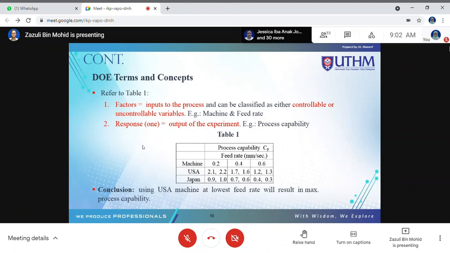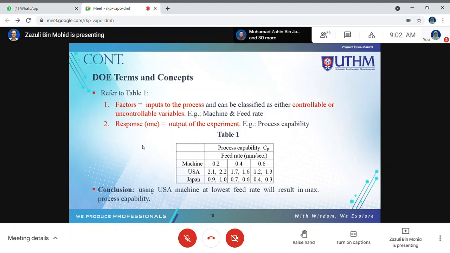Maybe we have the depth from the surface at a certain distance, and then we go further deeper. Maybe we have three levels. That is factor and level. So the response might be the first depth temperature, second depth temperature, and third depth temperature.